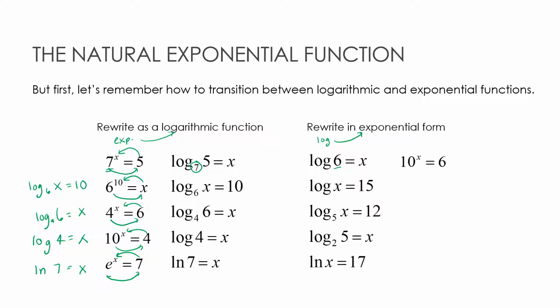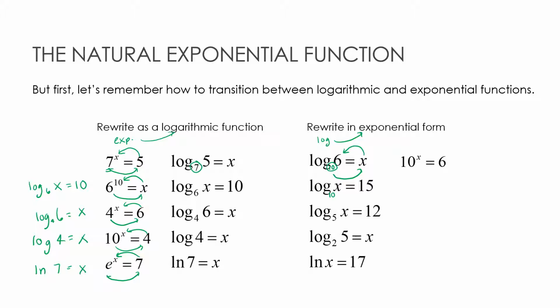Remember that the base, which is down here, is always the base, so 10 to the x equals 6, and notice I wrote in that 10 because it's a common log, and that's 10 to the x equals 6. So let's look at the others.